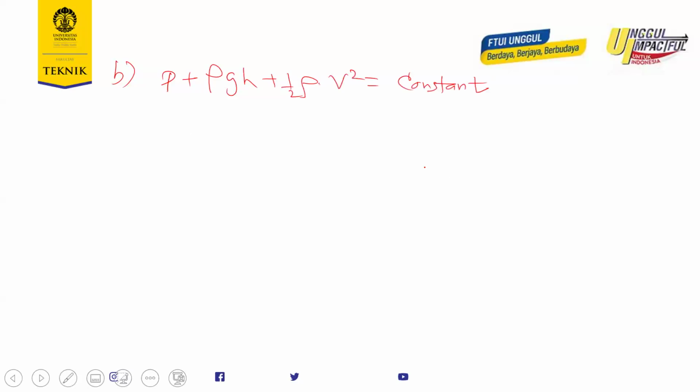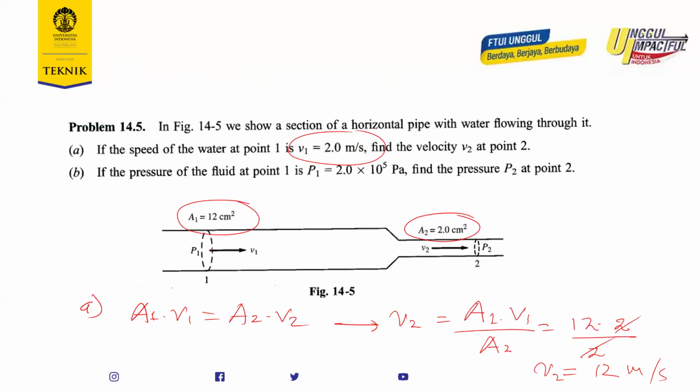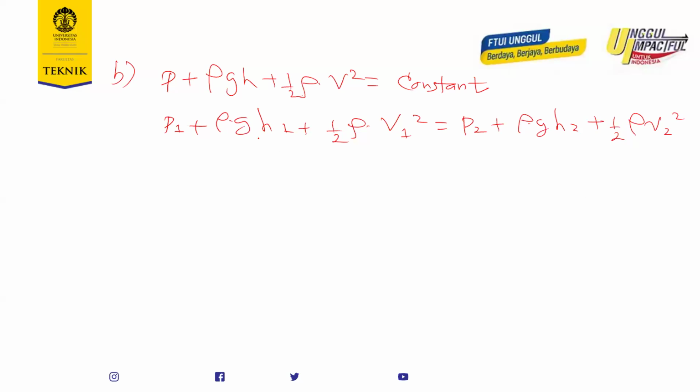So P1 plus rho g h1 plus half rho V1 squared is equal to P2 plus rho g h2 plus half rho V2 squared. Since the height is the same, we can set h1 equal to h2, so we can cancel this.